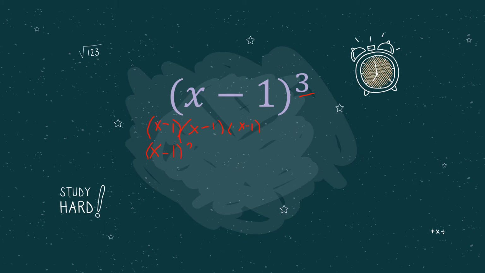So the quantity of x minus 1 squared, times x minus 1.